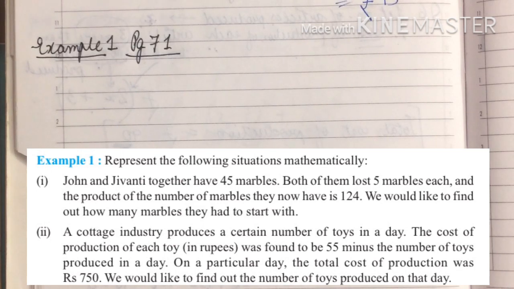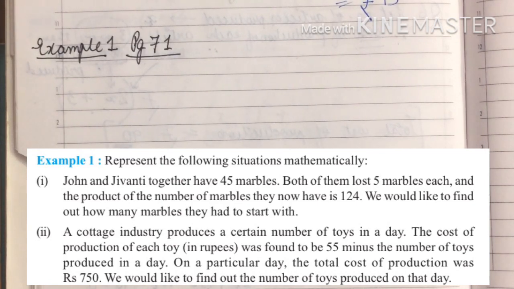Although in this example they are saying you have to represent the situation mathematically, means you have to write a quadratic equation for given equation. But since we are doing this example in second exercise, we are solving the equations, so you will have to make the equation and then solve it as well. To make the equation I need to do two things.